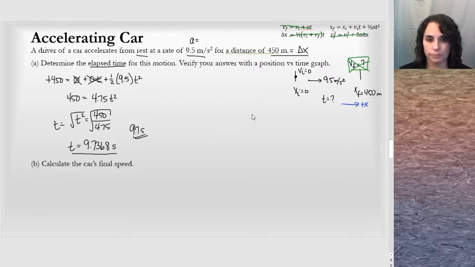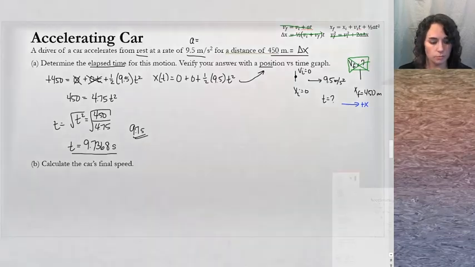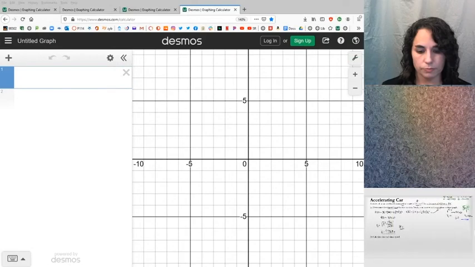Okay. I'm going to keep a hold of this equation. I'm going to note that the position versus time equation will be 0 plus 0 plus 1/2, 9.5 t squared, and I can graph it then. That will allow me to graph a position versus time graph. Okay, so I will pull up the graph here, and I'm just going to plug this in.